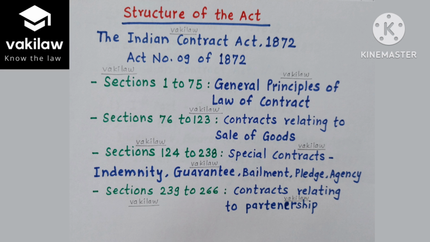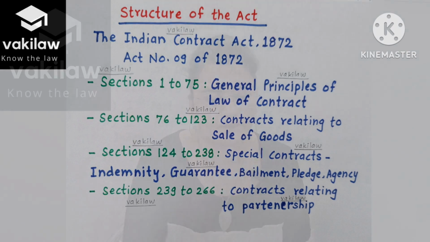Sections 124 to 238 deal with special contracts, that is contracts of indemnity, guarantee, bailment and pledge. And sections 239 to 266 deal with contracts relating to partnership. So as we've seen, the structure of the act basically consists of 266 sections in total.